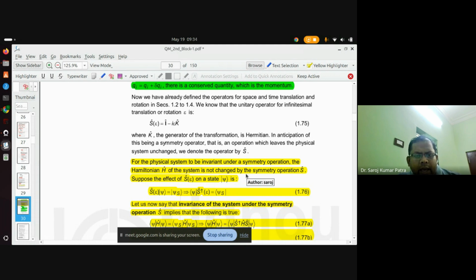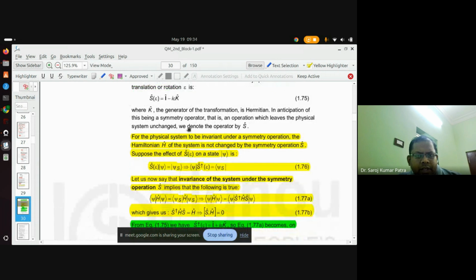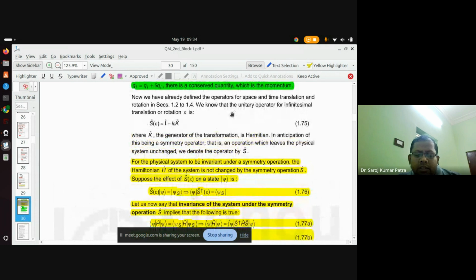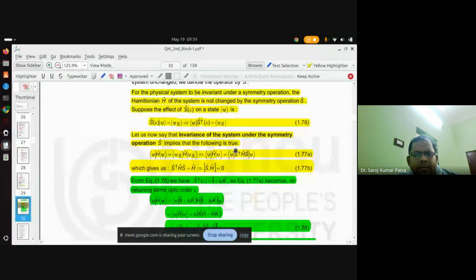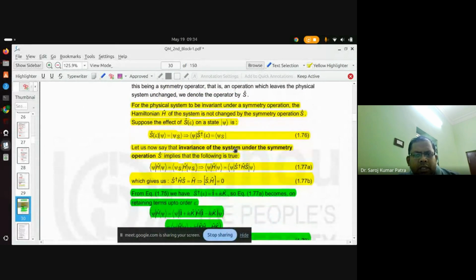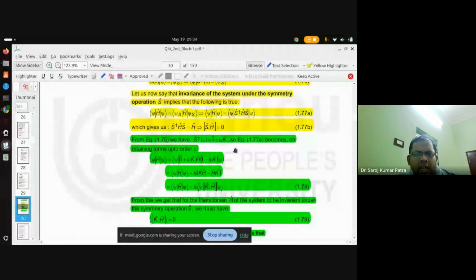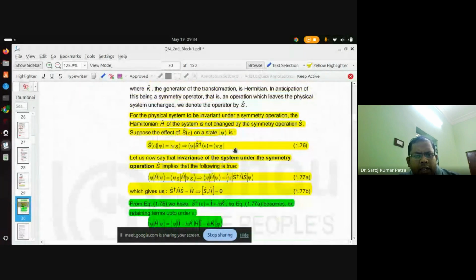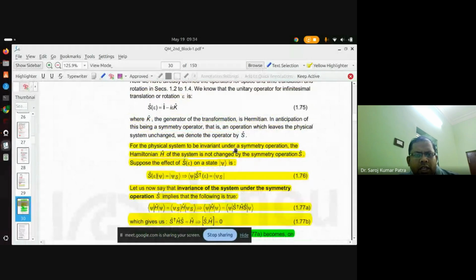If this operator is invariant under space translation or rotation, then the corresponding generalized momentum K will be a constant of time.